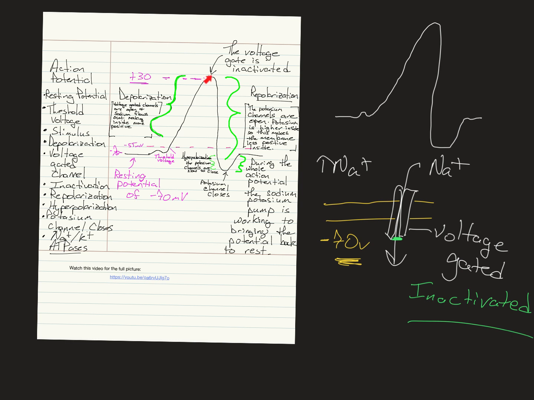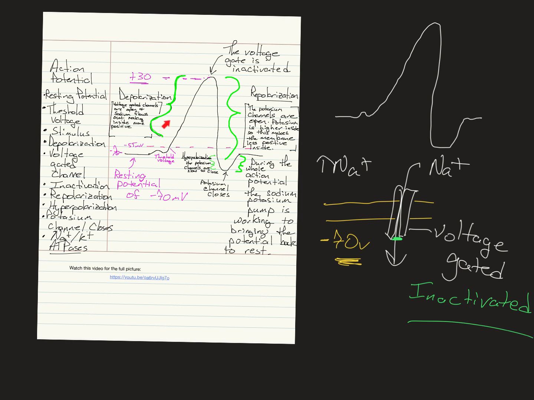At some point they become inactivated, and then all the potassium channels and the sodium potassium pumps bring the membrane potential back down, often way lower than they would have liked. And then the sodium potassium pump finally brings it back up to equilibrium. So that is the meaning of this action potential.